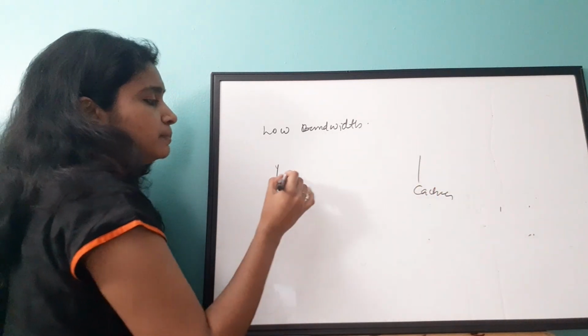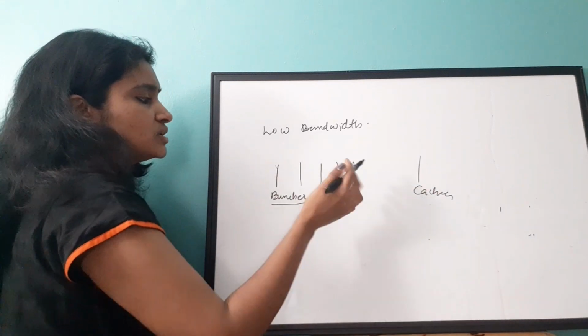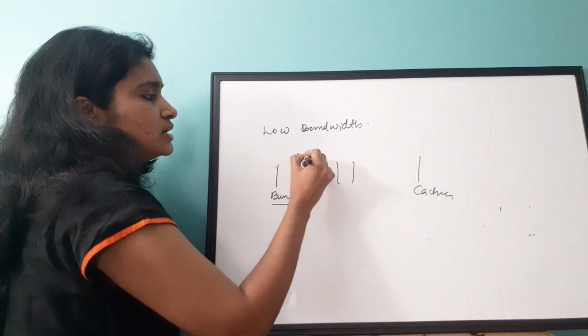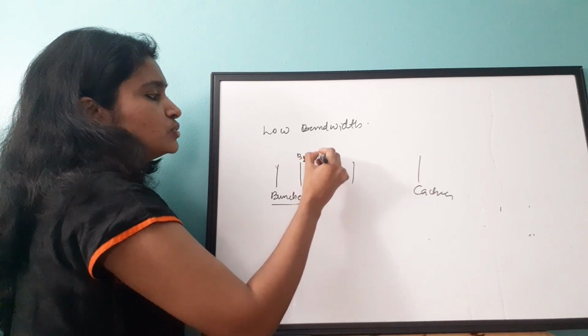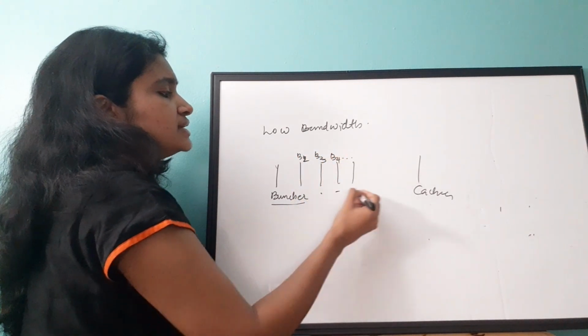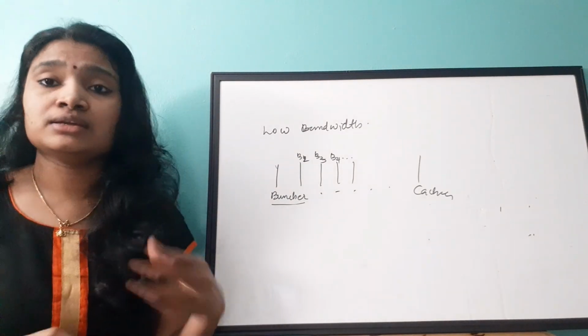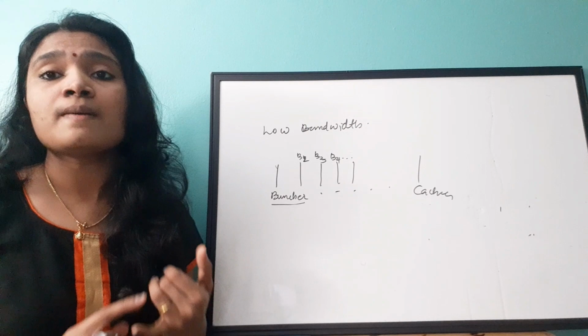But if we place more than one Buncher cavity in between this Buncher and catcher cavity, so all these are bunchers, okay? B2, B3, B4. Likewise, if we increase the number of buncher cavities, then we can increase the gain and also bandwidth.